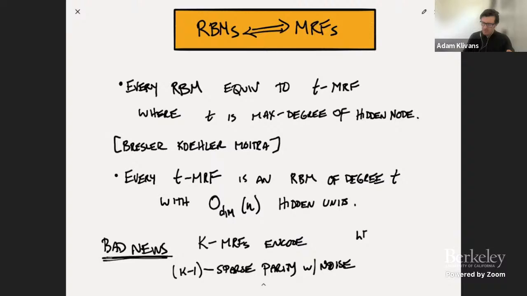Okay, so that means that if you believe that learning sparse parity with noise is hard, then for learning RBMs you can't hope to do better than n to the little o of k. So that's a bummer.